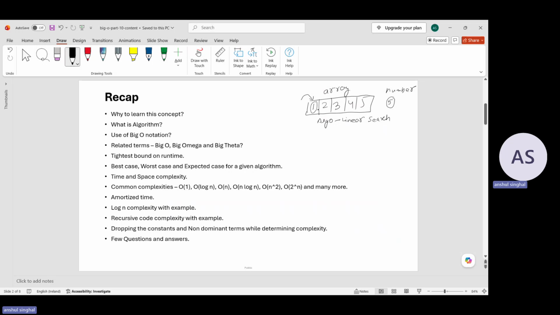As soon as it matches, it returns its index. And if we have not found the given number in this array, then we return -1.